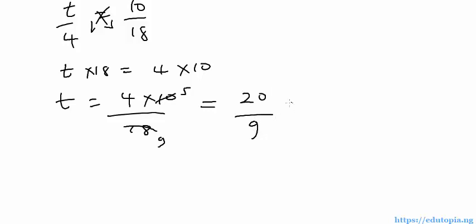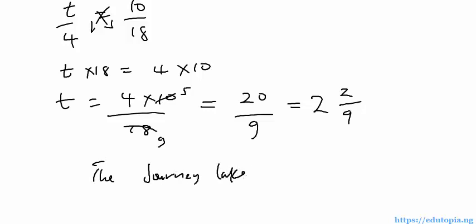And when you convert it, you'll be left with 2 and 2 over 9. That is 2 times 9, 18, plus 2 gives you 20 over 9. So definitely we have the time t, the journey takes 2 2/9 hours. That's the answer.